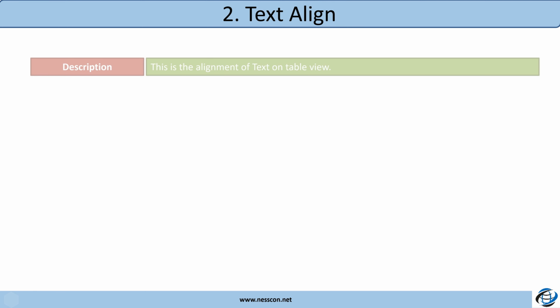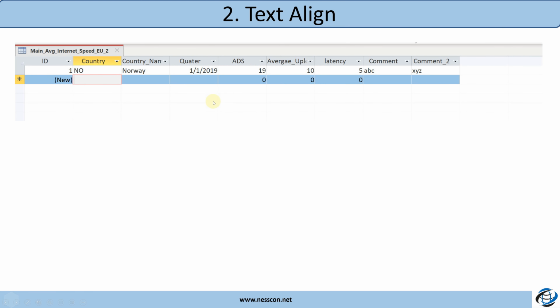The next property we are going to learn is text align. This is the alignment of text on table view. What does that mean? Once you open a table in MS Access, you can view the data in the form of a table. For example, the numbers are aligned on the right side, and the text is aligned on the left side.